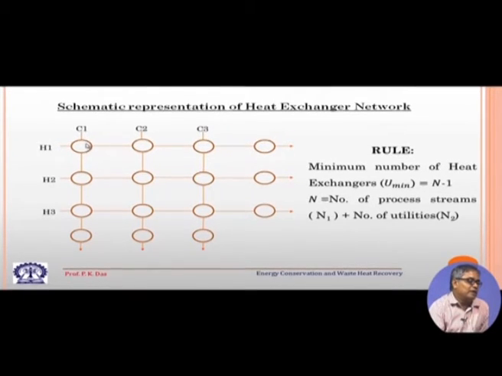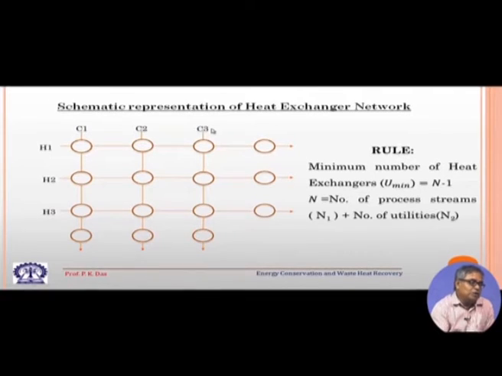So, the temperature of the stream C1 is gradually being increased, but that increase may not be sufficient for achieving the target temperature for C1. So, at the end we should have the utilization of some hot utility to bring it to the target temperature.